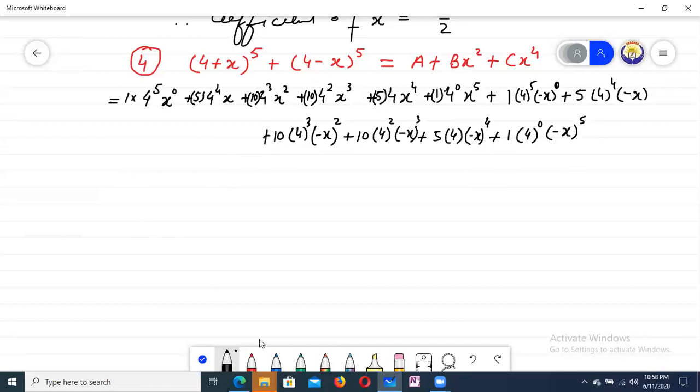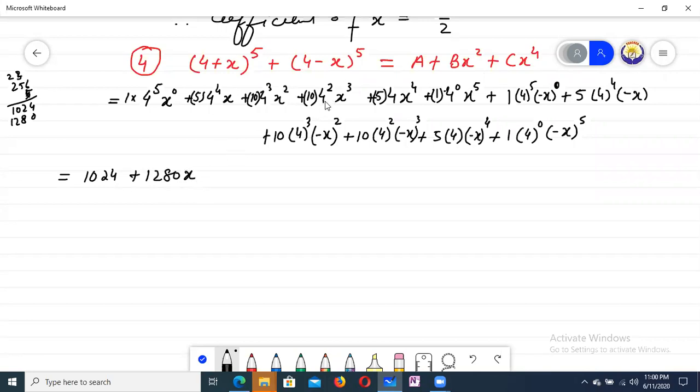Now we'll simplify these, how we can do the simplification. 4 raised to the power 5. 4 fours are 16, 16 fours are 64, 64 fours are 256, then 256 fours are 1024. 4 raised to the power 5 is 1024, plus here 4 raised to the power 4 is 256, 256 into 5 is 1280 x.